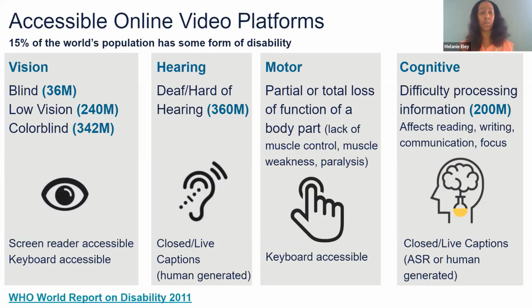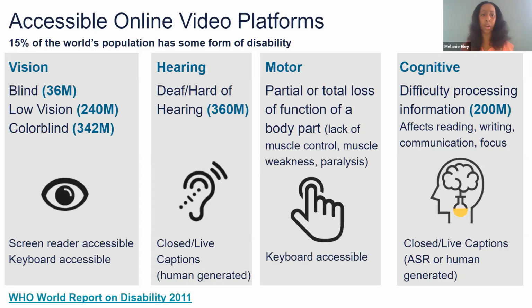Throughout the world, about 15% of the population has some form of a disability, and they're primarily going to be in the four categories that you see here: vision, hearing, motor, which would be partial or total loss of functioning for a body part, and also cognitive, which focuses on difficulty in processing information. That typically affects reading, writing, communication, and attention or focus.